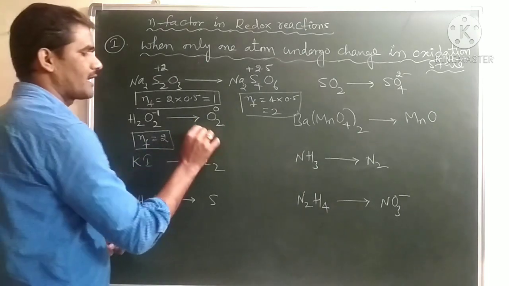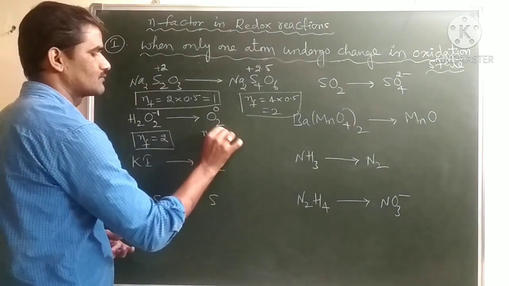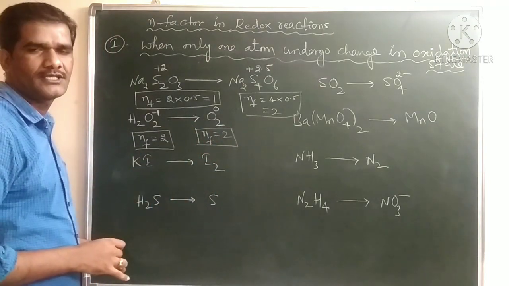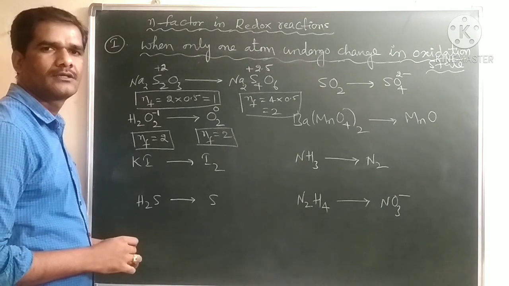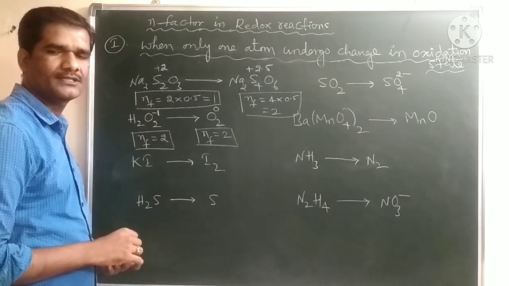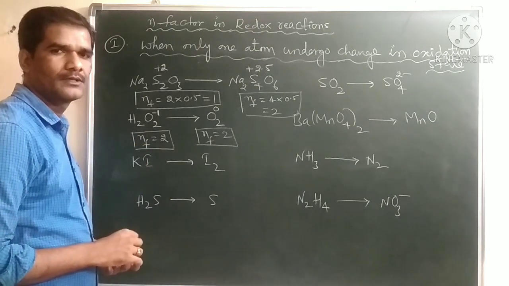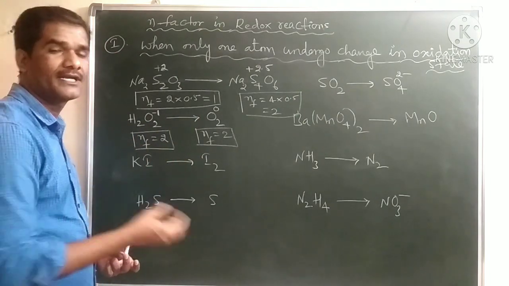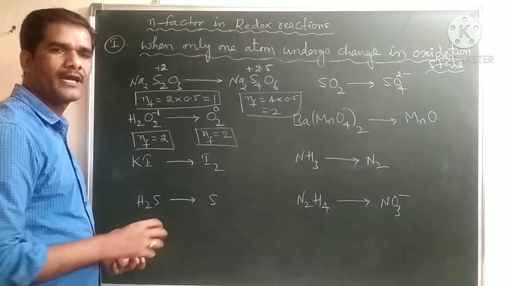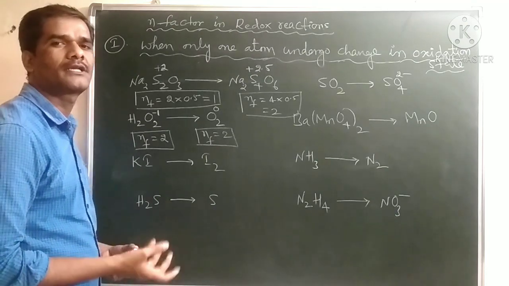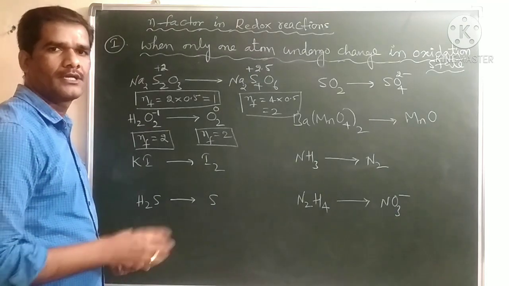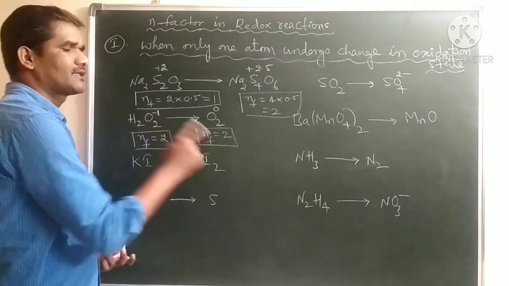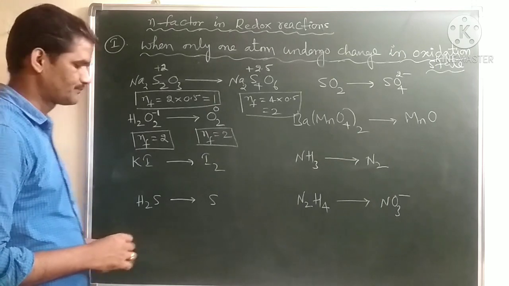So n factor here is 2. Normally if you take oxygen in the diatomic state, as we have already discussed in the atoms case, the n factor is 4. But when it participates in a chemical reaction, the n factor may change. That depends on the chemical reaction. So in the normal case, oxygen n factor is 4, but in this reaction the n factor is 2.